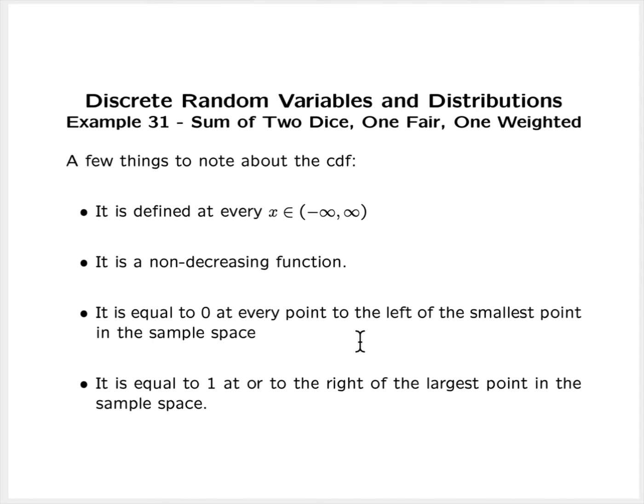So at every value of x less than 2, the CDF is equal to 0 because we've not accumulated any probability yet. And then it's equal to 1 at or to the right of the largest point in the sample space, which was 12. And so for any value of x greater than or equal to 12, the CDF evaluates to 1.